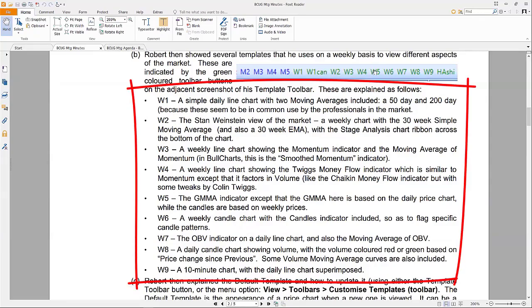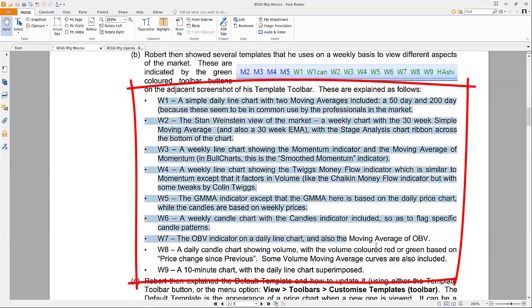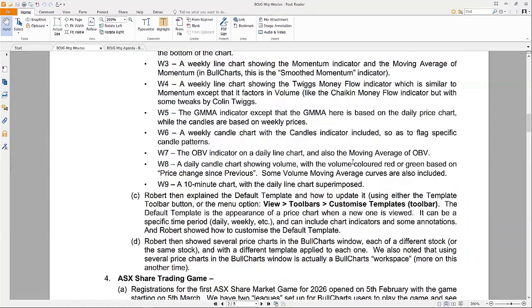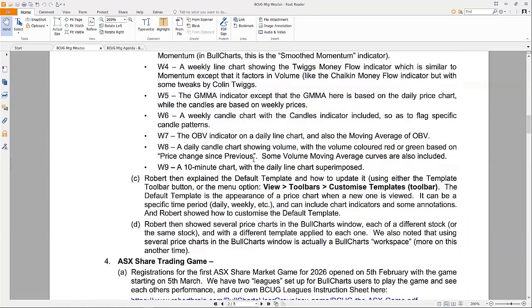I've labelled them on my toolbar, W1, W for weekly, W1, 2, 3, 4, 5, 6, 7, 8, 9, and here is a list of what they are. I'll briefly talk about them tonight, or feel free to refer to this minutes document.